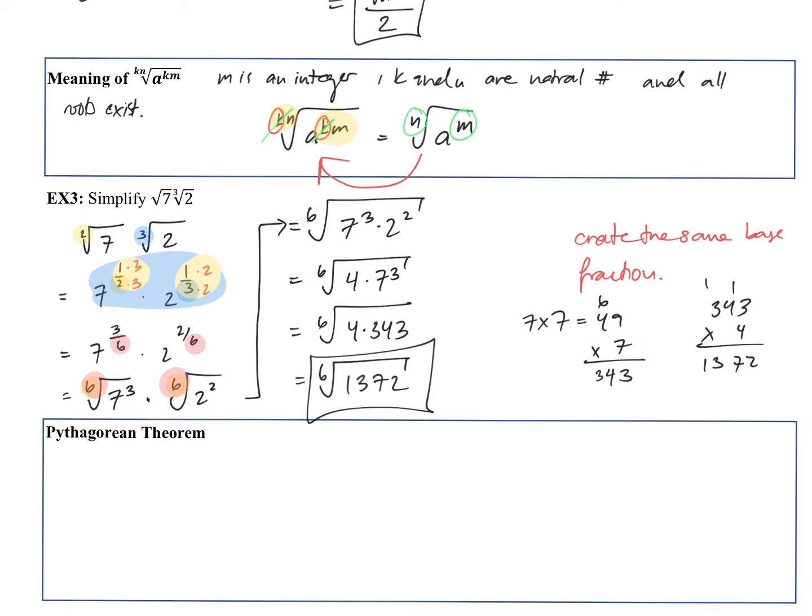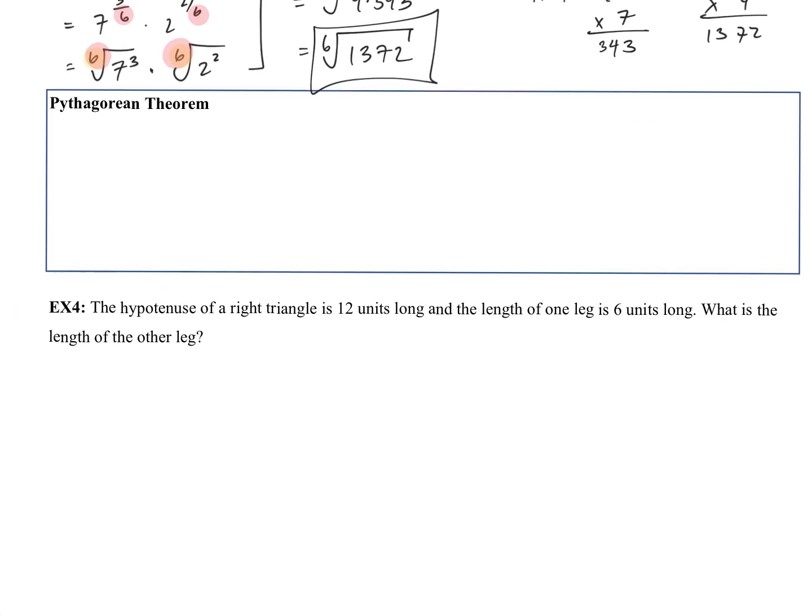So let's take a look at the next item, the Pythagorean Theorem. More than likely you've heard of this before. And if you want the more in-depth definition, once again, that's in your book, page 477. So what is it, and why does it have that weird name? Well, it's named after the Greek mathematician Pythagoras, who figured out there was a relationship.